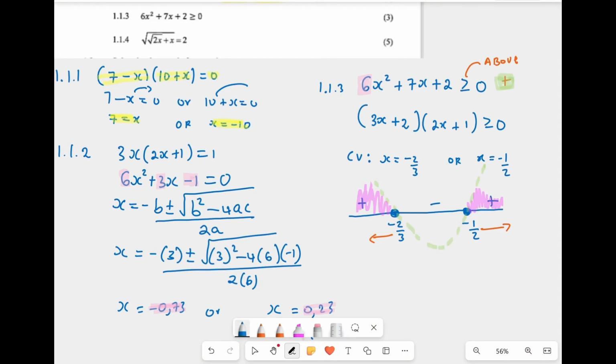So your solution for this one, since you have a separate region, your answer must have an or. So you will say x, you copy the arrow, is less or equal to minus 2 over 3, or x, you copy the arrow, is greater or equal to minus 1 over 2. That is your solution.